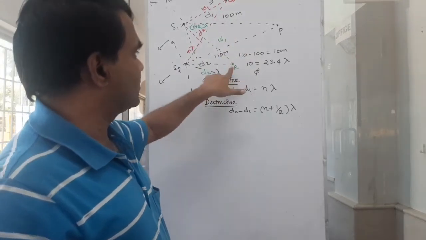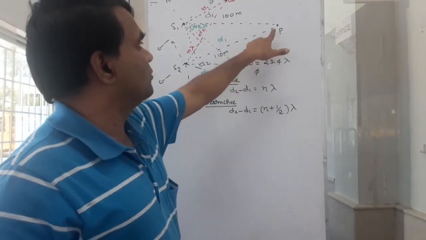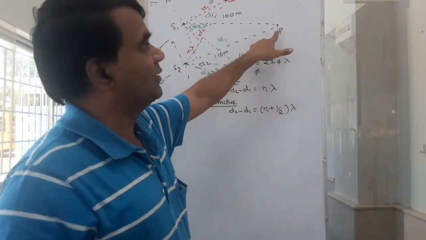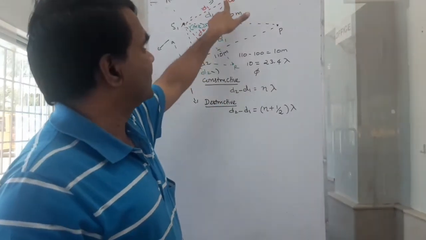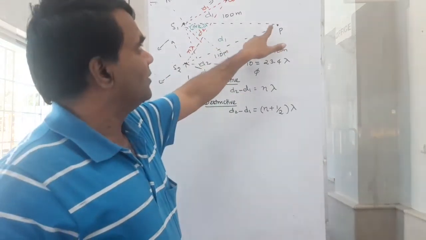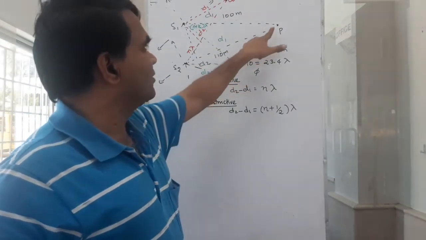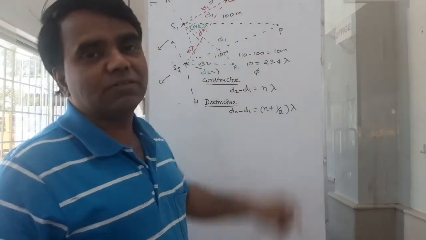Because I said this is black, this is dark, so this will be slightly more than that. You will have some amount of light, but not as bright as this. This will be the brightest, and this will be dark, and this will be slightly brighter than this.